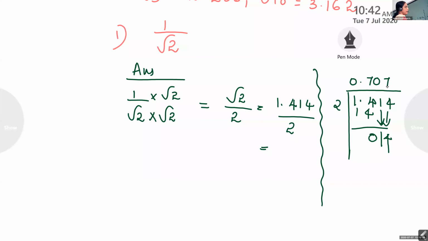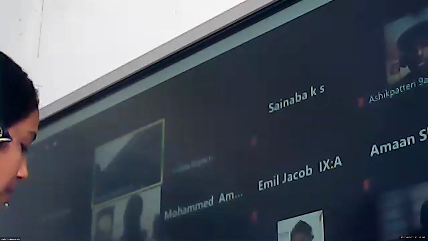So now it is 7. Isn't it? Don't make any mistake on this. Clear? Okay, children? And the answer is 0.707. Is it clear?